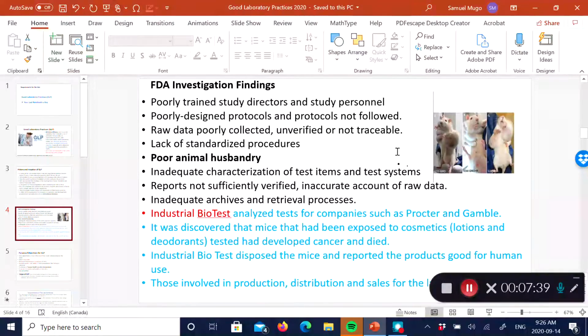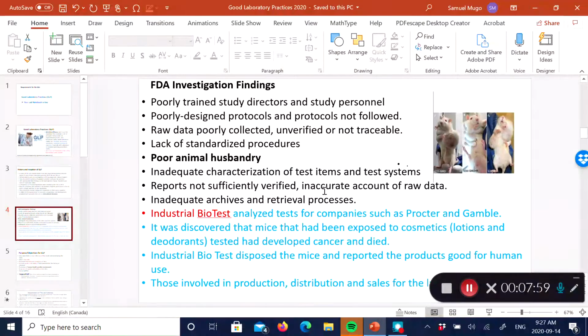I suspect some of it was not properly documented. There was lack of standardized procedures. And most importantly, the reports did not sufficiently verify the type of data that had been obtained.